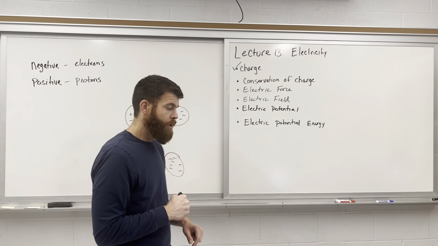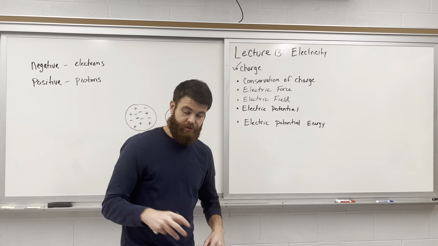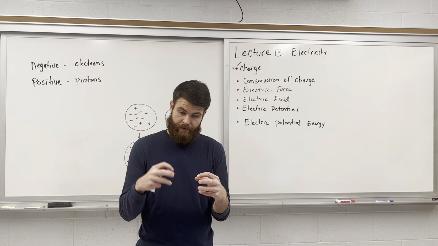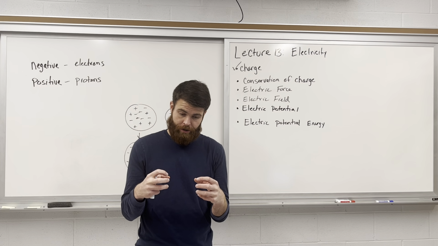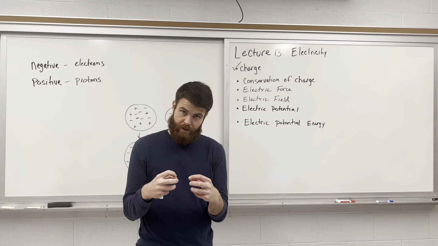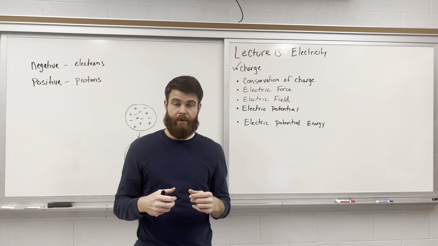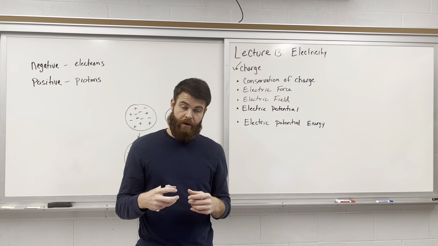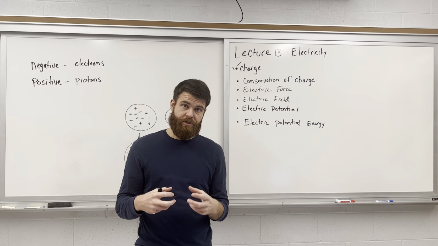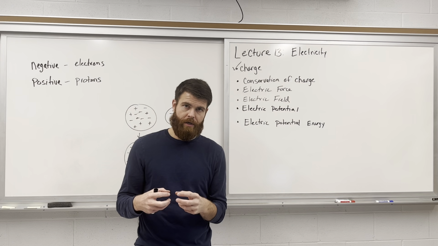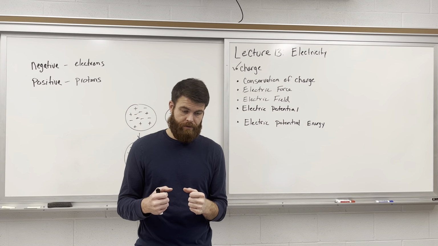So if you bring two objects together and one object for sure is charged, and they're going to attract each other, then one of two things could be the case. Either A, the other object has the opposite charge, or B, the other object is neutral and there's an induced charge or attraction.